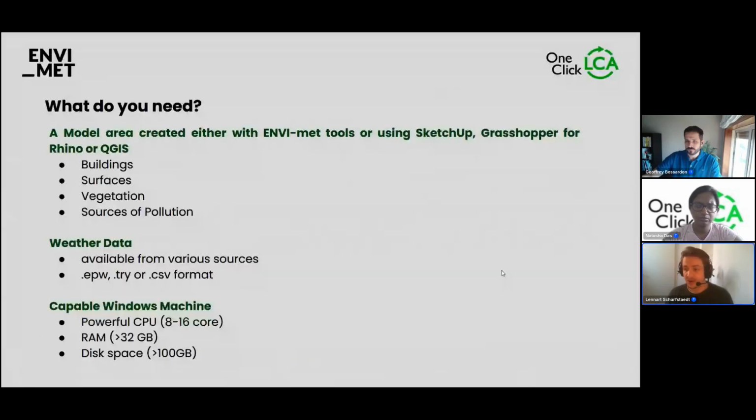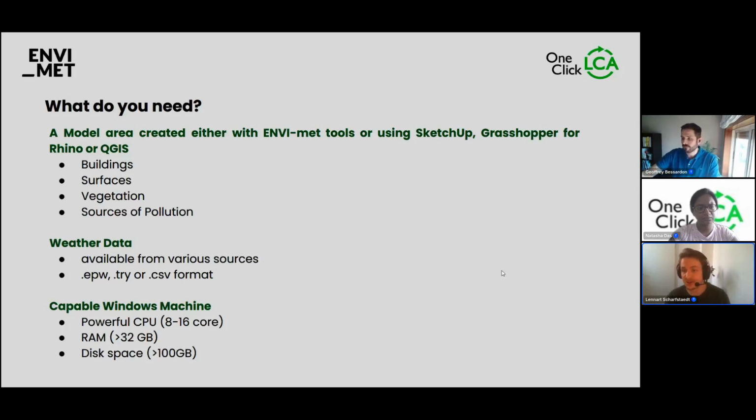Now, what do we need for an ENVI-met microclimate simulation? It's basically three things. We need a model area that we create, either with our ENVI-met internal tools or with one of the plugins. It contains data about buildings, surfaces, vegetation, and also sources of pollution. The second thing we need is weather data.